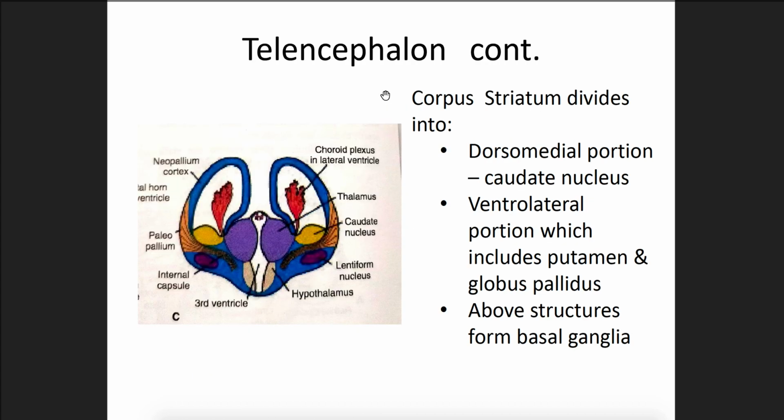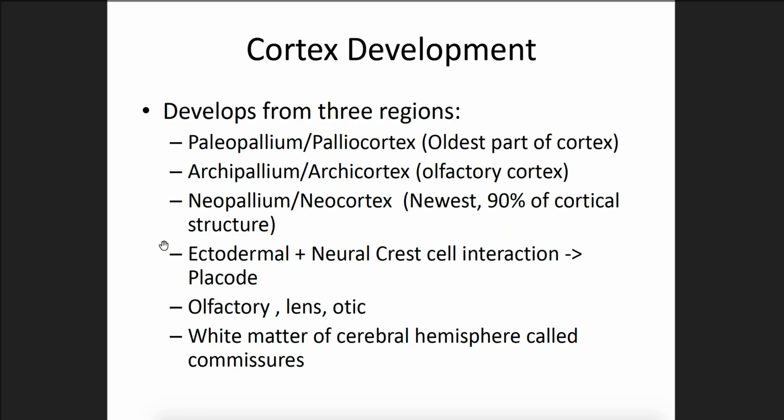Now you can see some structure labeling here. You can see neopallium and paleopallium. There are three types of cortex that we talk about phylogenetically. Paleopallium or paleocortex is the oldest part.